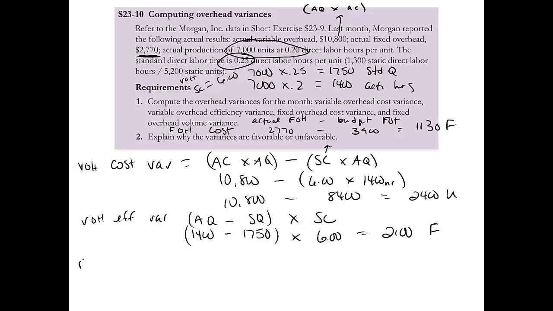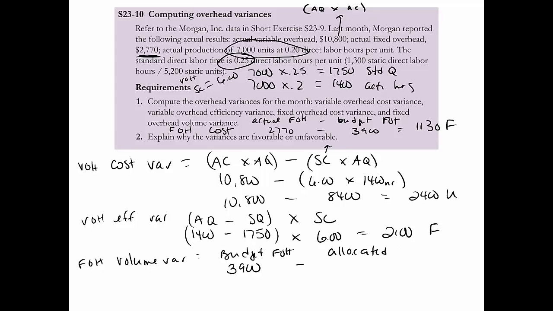Okay, one more. Fixed overhead volume variance. So that'll be the budgeted fixed overhead, which we just said is 3,900, minus the allocated.